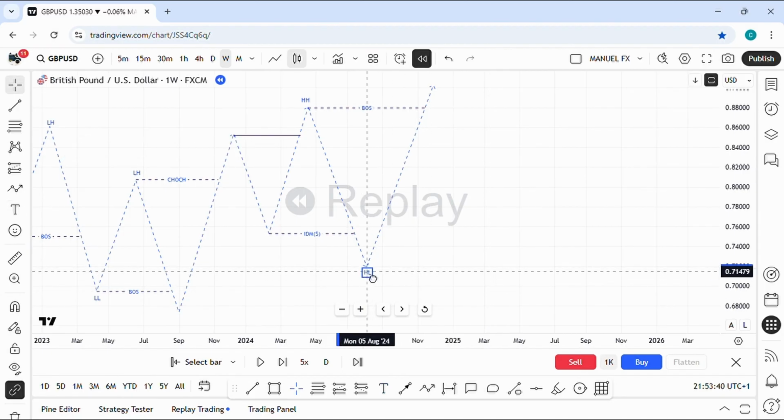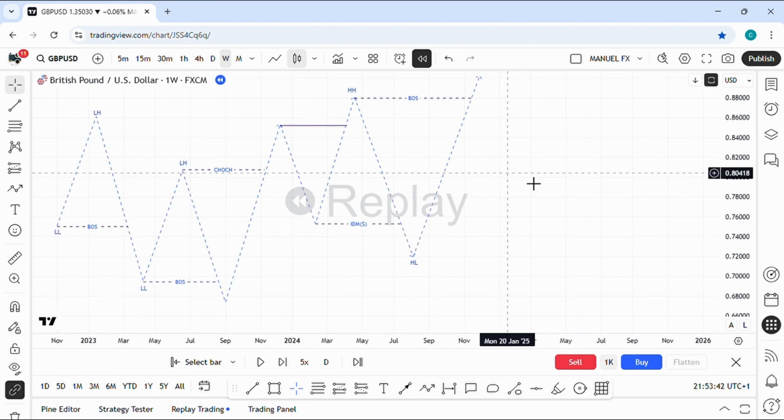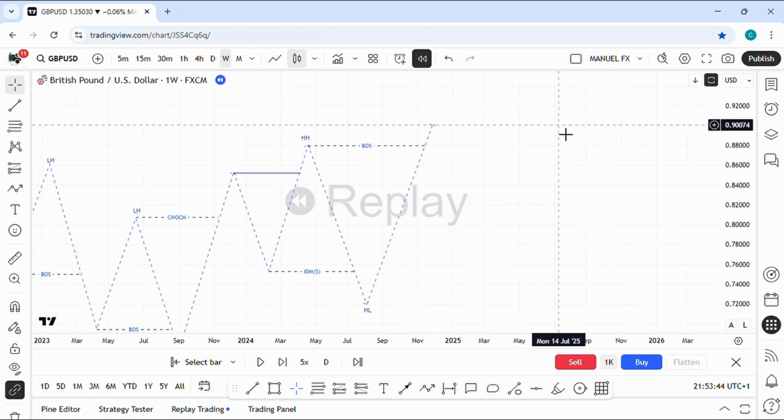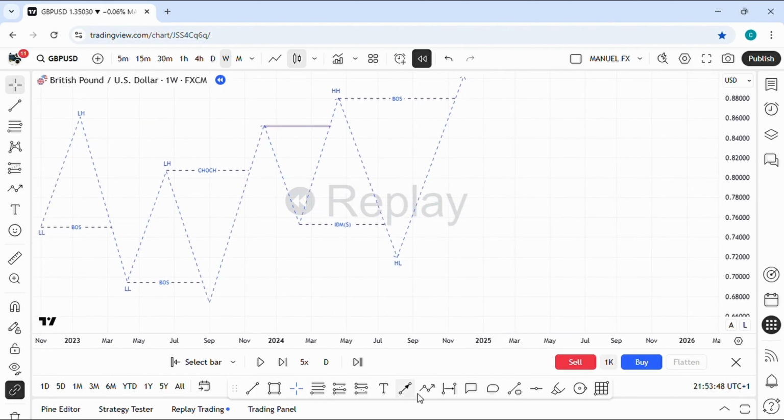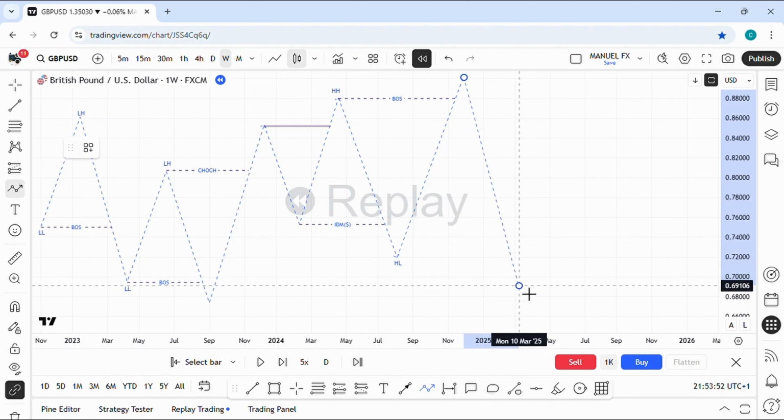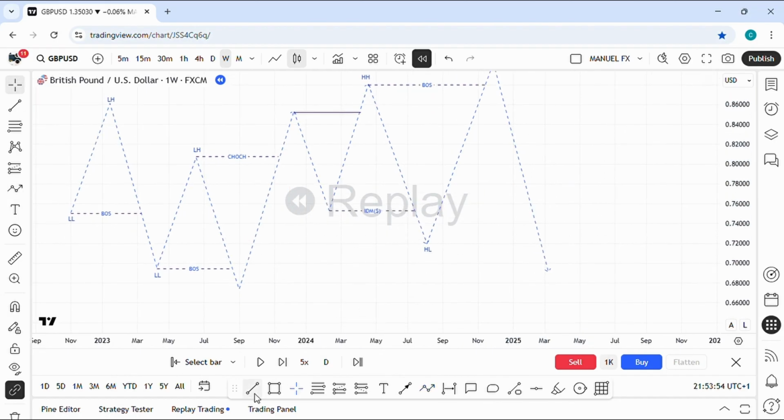Inducement, break of structure, inducement, break of structure, until price decides to take this higher low before we now confirm our change of character again.